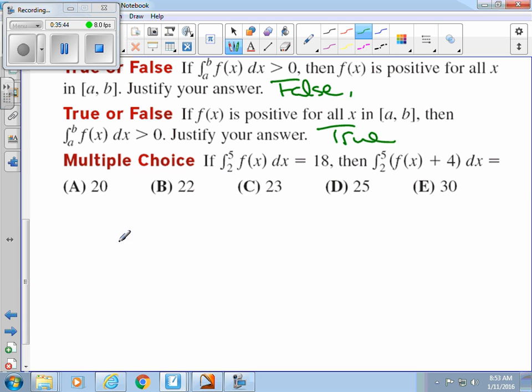Okay, if the integral from 2 to 5 of f of x dx is 18, how would you do this? What's the property here? Addition. So I'm going to split it up. That's what the property says to do, right?